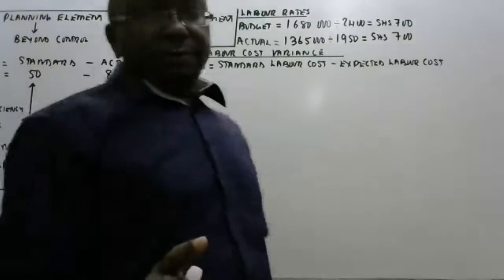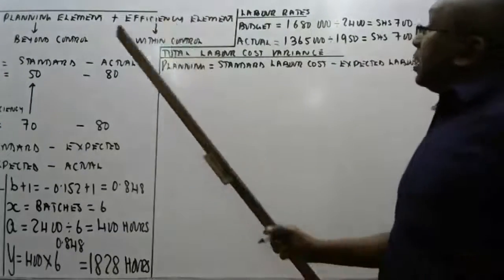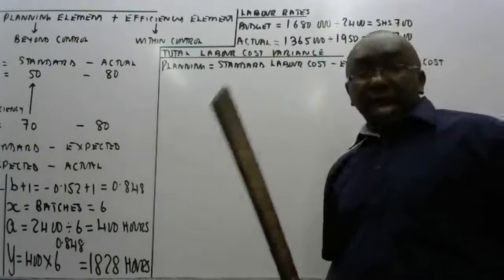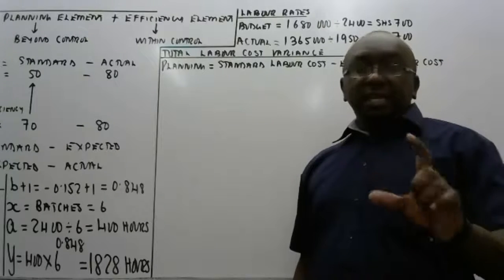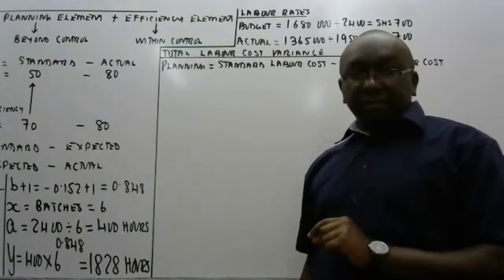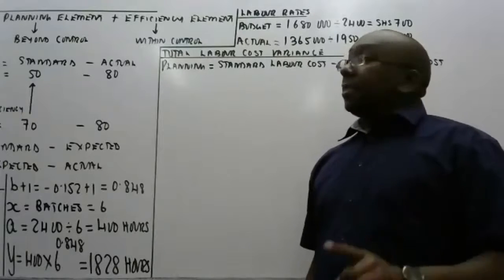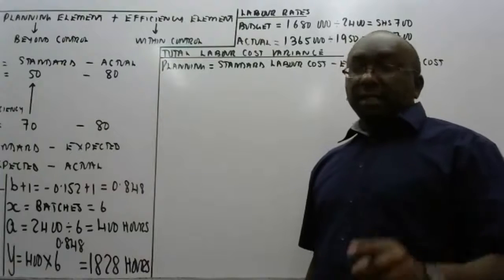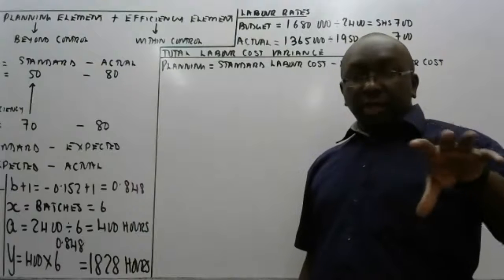Now remember, standard and budget have the similarity that both are predetermined. But the difference is standard is usually first of all expressed per unit, while budget is expressed for all the units.